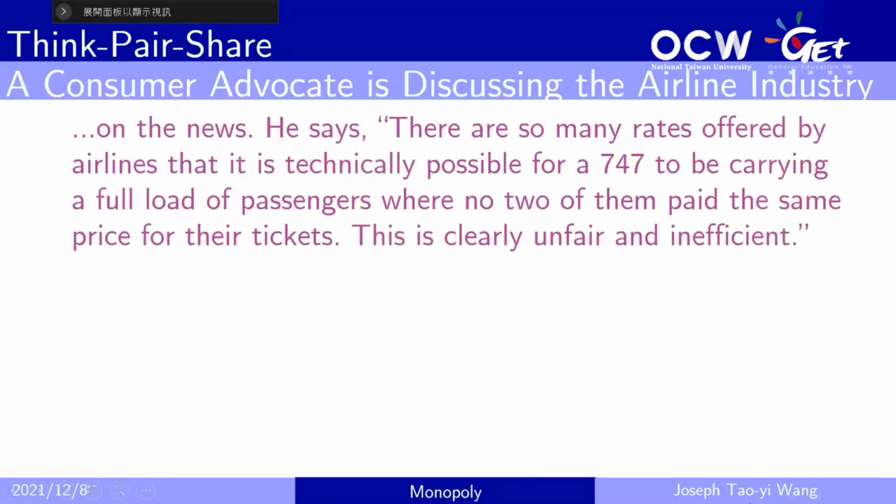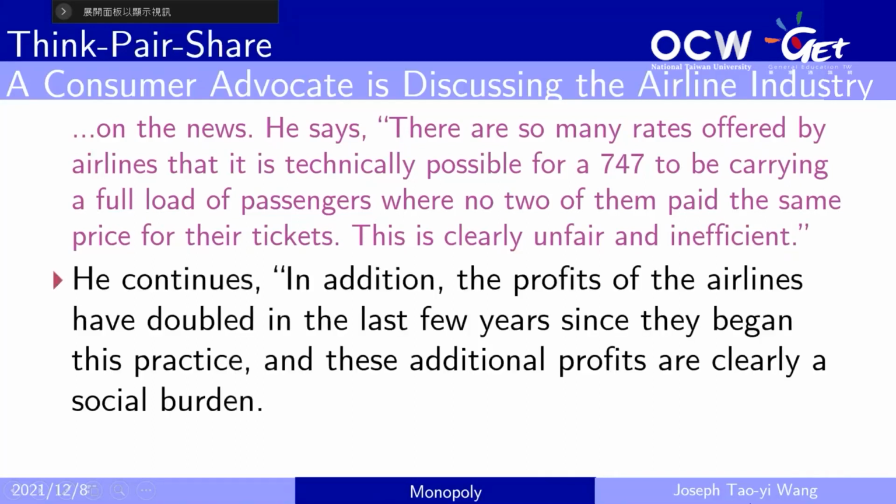A consumer advocate is discussing the airline industry on the news. He says, there are so many rates offered by airlines that it is technically impossible for a 747 to be carrying a full load of passengers where no two of them paid the same price for their tickets. This is clearly unfair and inefficient.